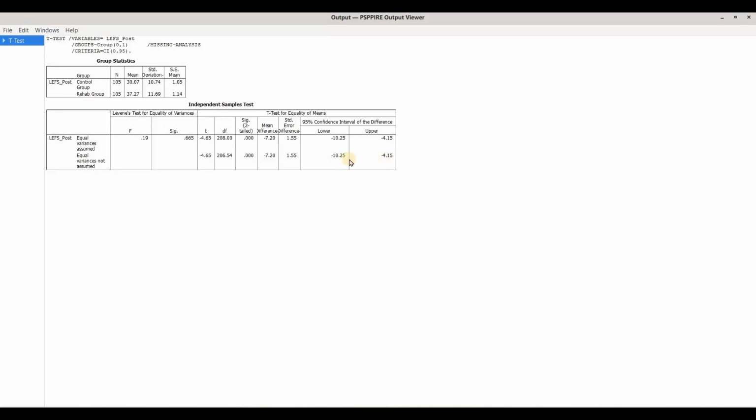And if we look at the 95% confidence interval, we see that the true value could lie somewhere between minus 4.15 and minus 10.25 with 95% confidence. Right, so this does not include 0, so it tells us that the difference is in fact significant, and that is how you perform the independent sample t-test using PSPP.